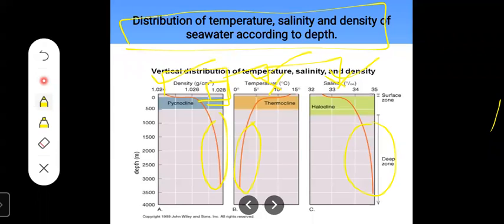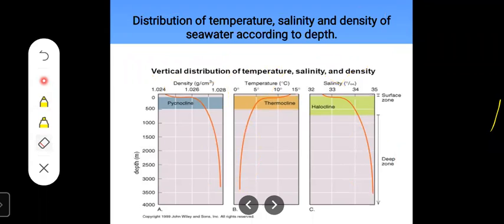But usually, once you have crossed 500 meters, you will not see any changes.